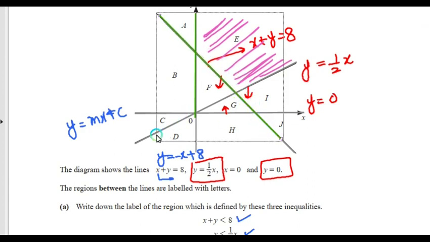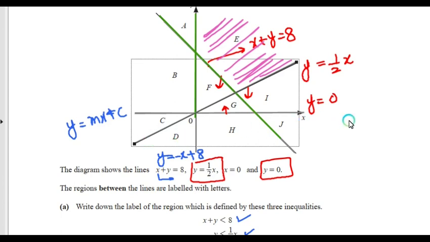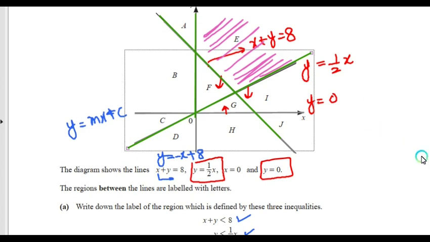And the third one is this. We define this region. So writing inequalities for these lines.